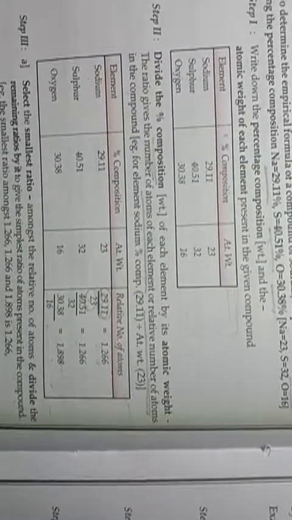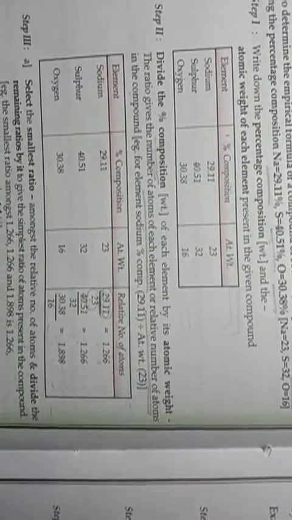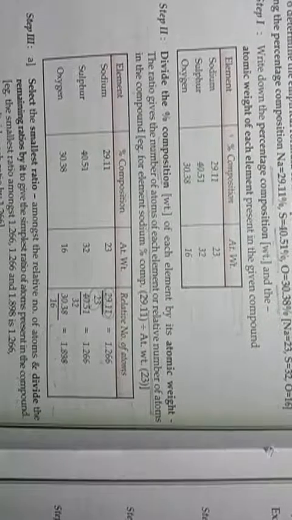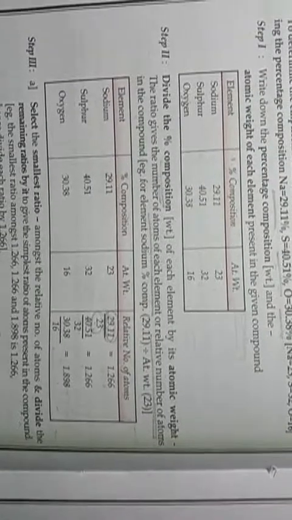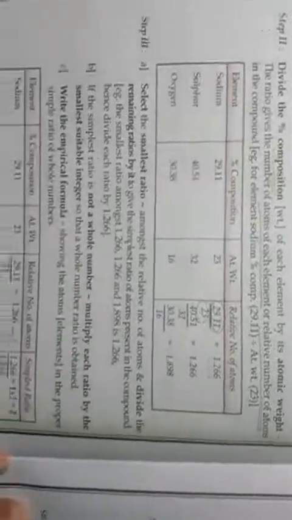Okay, students. So in this way you will calculate the empirical formula of a given compound. So what we have done, we have formed this table overall. This table has a total of 5 columns. The first column with element, then percentage composition, then atomic weight, then relative number of atoms, and then simplest ratio.